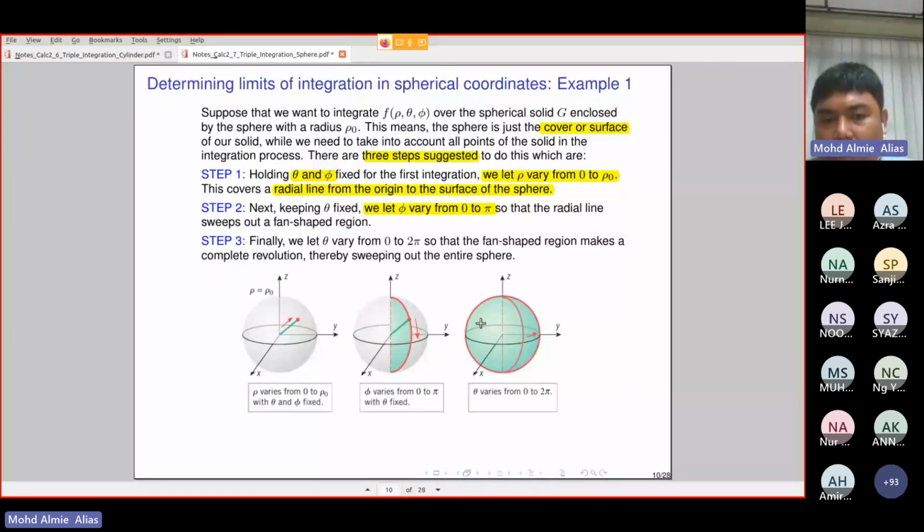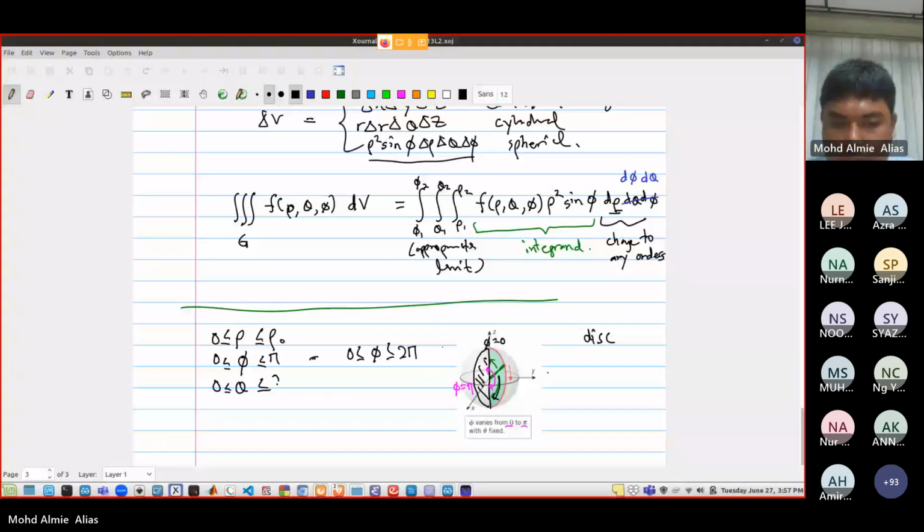We can imagine it: from a line, which is just a simple 1D thing, you form a half disk, or fan-shaped region. And once you have this, you move it in the counterclockwise direction through an angle of 2 pi, which means from 0 to 2 pi, and you get this complete revolution. In other words, you have your sphere. So here theta is from 0 to 2 pi.